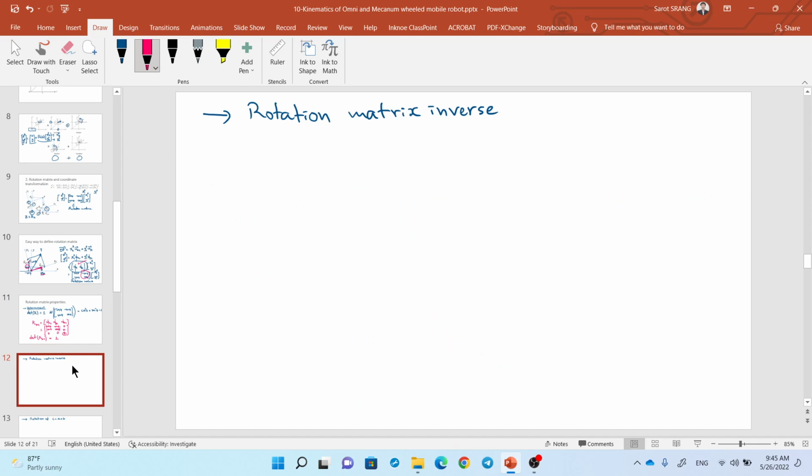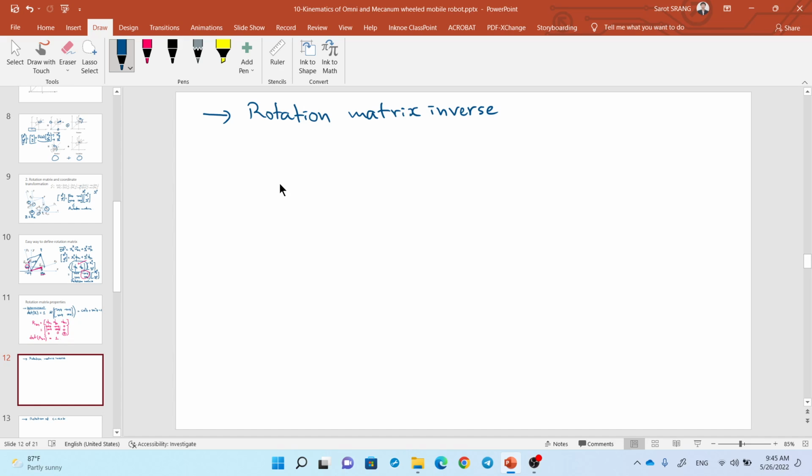Next, rotation matrix inverse. Because it is very special, we can see that a rotation matrix is composed of two or three unit vectors which are perpendicular to each other, and these unit vectors have unit norm, unit length.